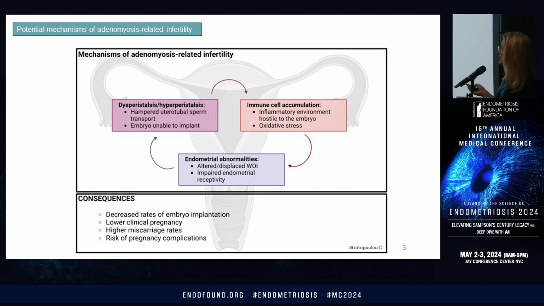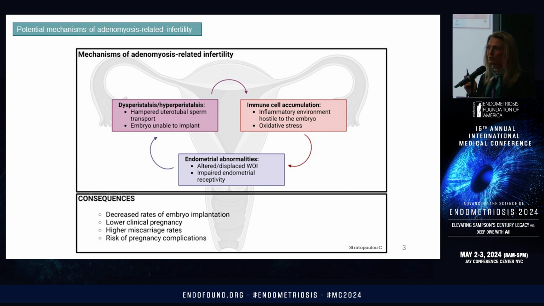Thereby, it will induce endometrial abnormalities with an altered window of implantation and impaired endometrial receptivity. Due to this, there is local hyperperistalsis with hampered uterotubal sperm transport, and the embryo is unable to implant. Consequences of this triad are a decreased rate of embryo implantation, lower clinical pregnancy, higher miscarriage rate, and risk of pregnancy complications.